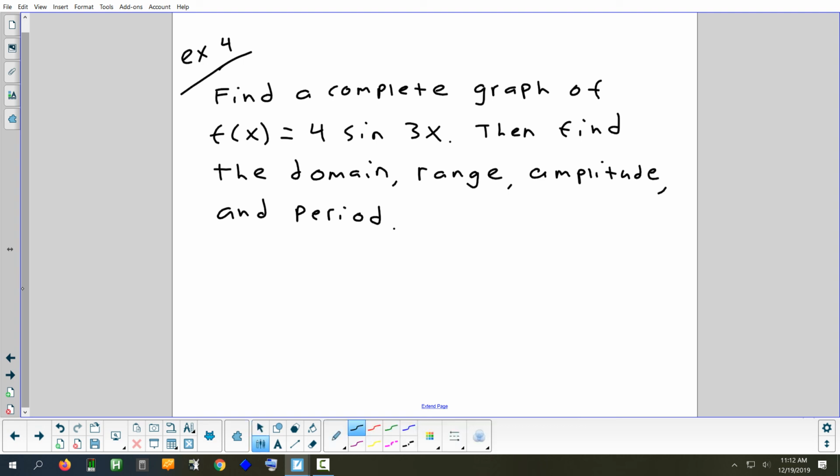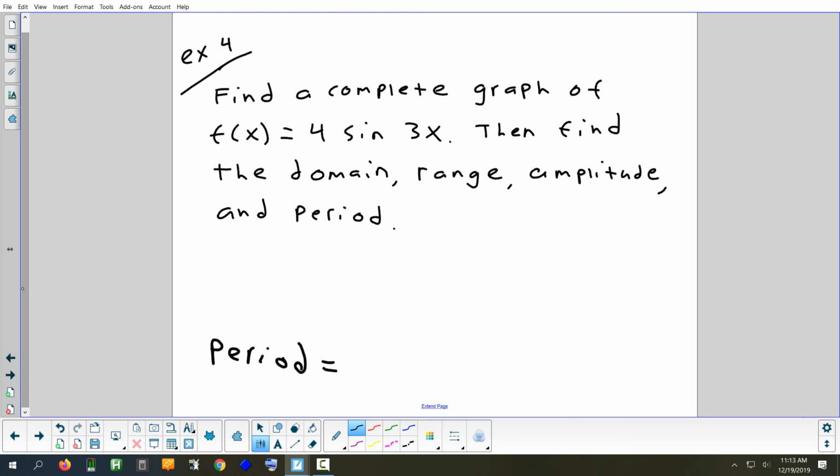If they say that, the first thing you have to figure out is the period. If you figure out how long one cycle is, then you can figure out how long any number of cycles are. What's the formula to find the period for sine or cosine?